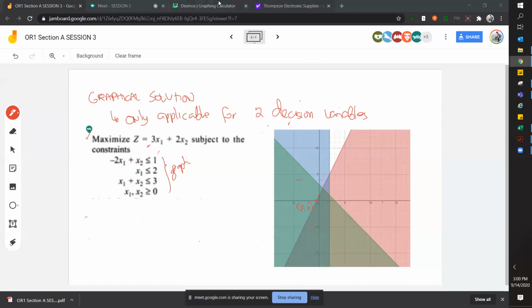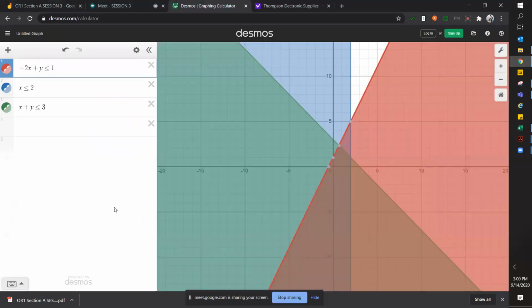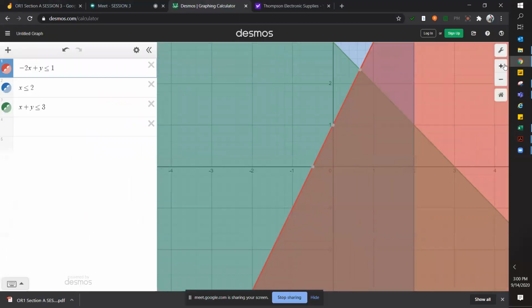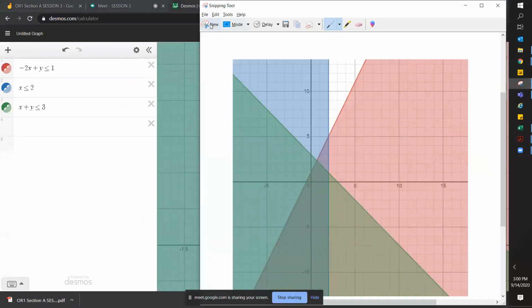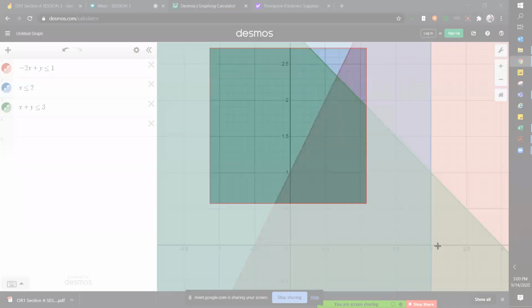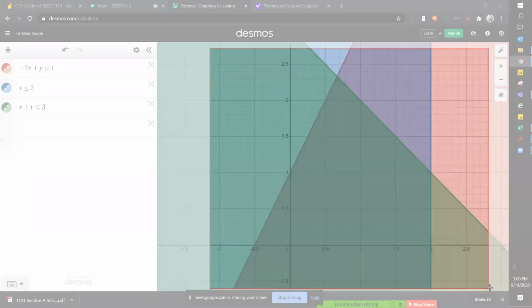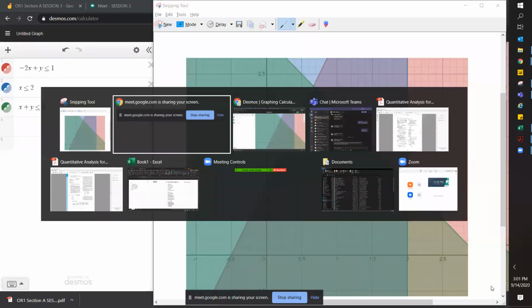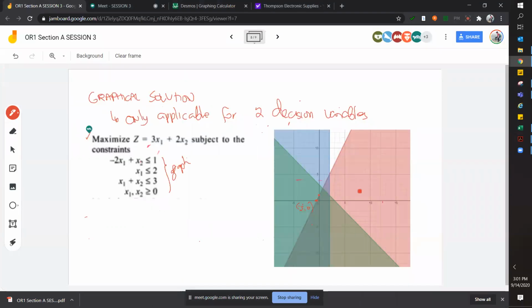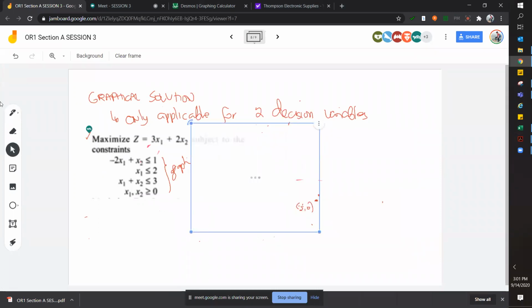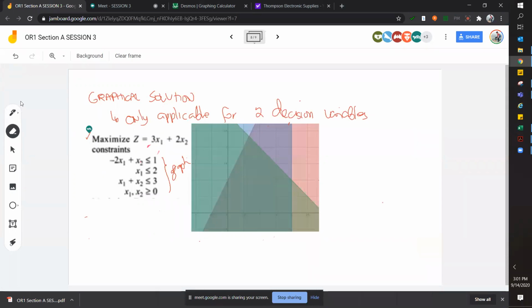I-zoom ko lang ng konti pa. Yan, parang mas okay. Yan, para may clarity. So, kasi guys, yung hirap talaga pag online, ang hirap mag-drawing.